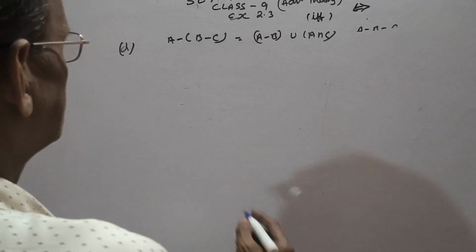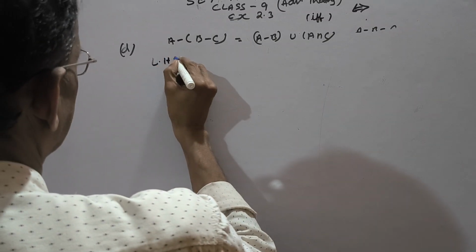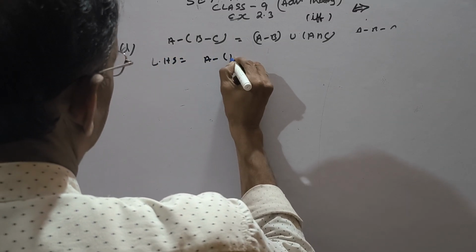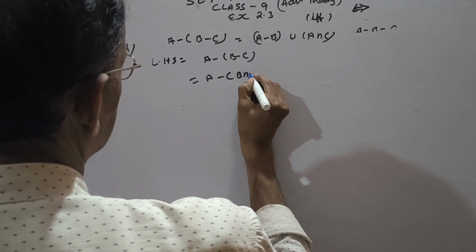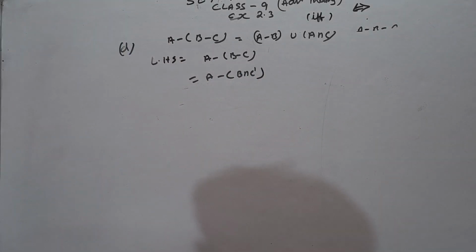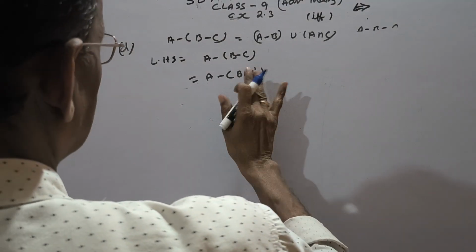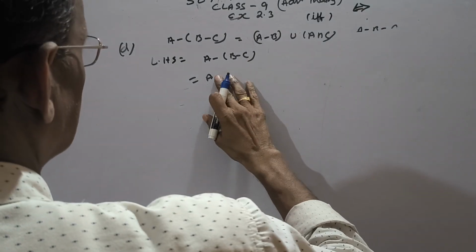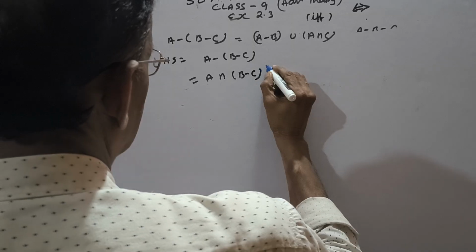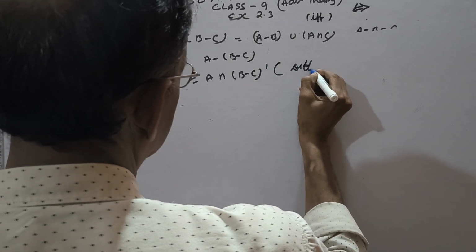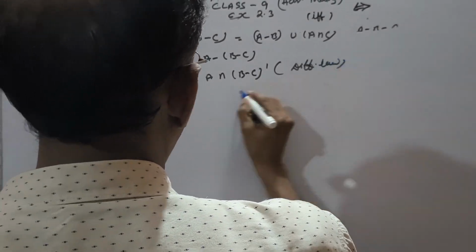Okay. Take the left hand side. A minus B minus C, then A minus B intersection C complement. Can you write it here? You can also write first this minus, A intersection B minus C whole complement, difference law.